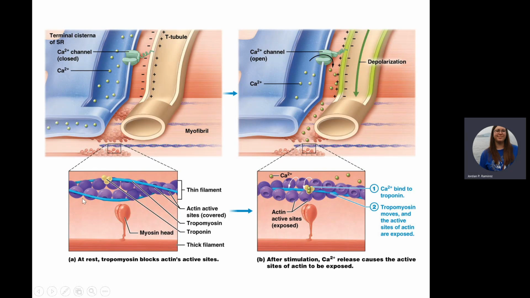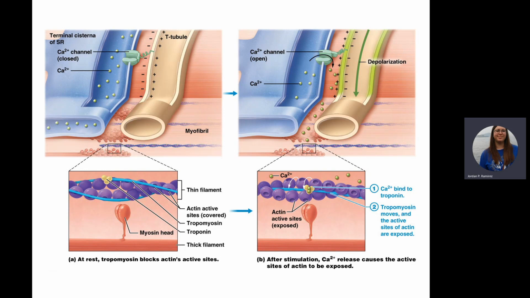All right. So this is what this is showing you here. So calcium has been released. And again, at rest, when we don't have a muscle contraction, this blue protein, this tropomyosin, is going to be covering actin's active site. So what happens when we release all this calcium, it's going to come down and it's going to bind onto troponin.